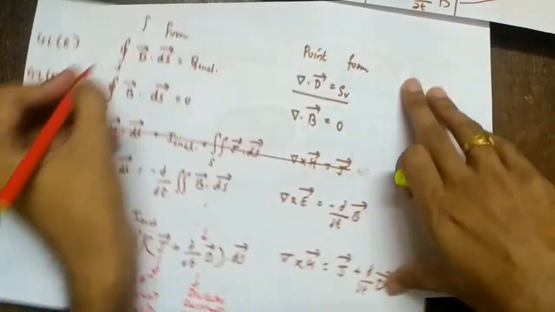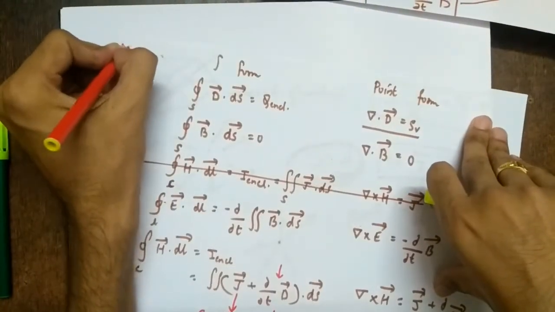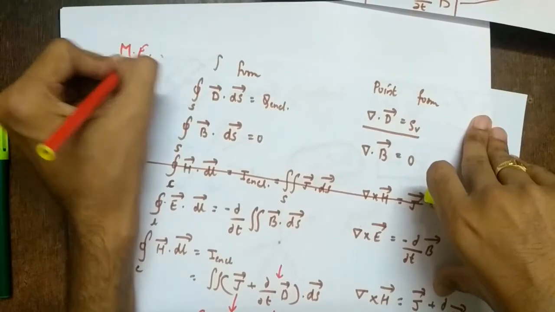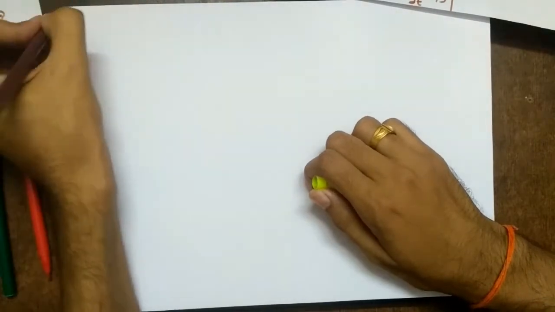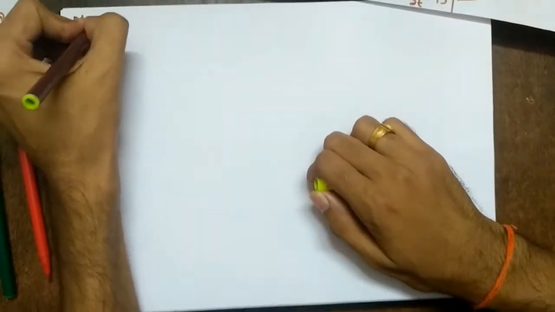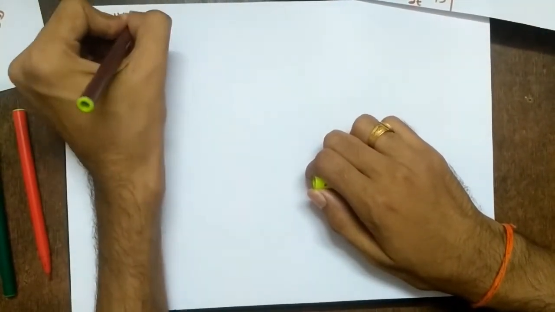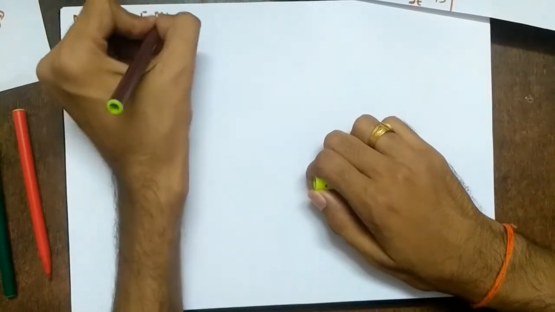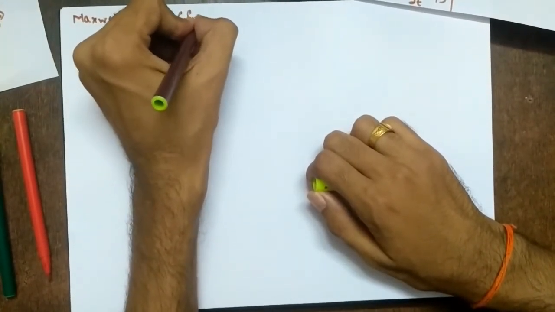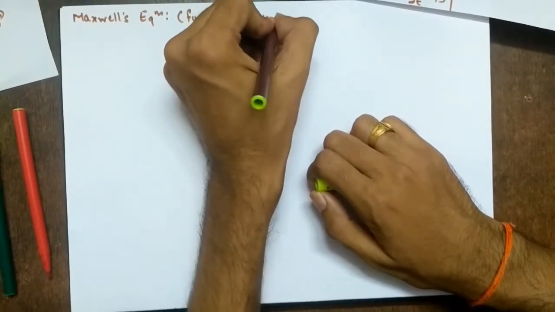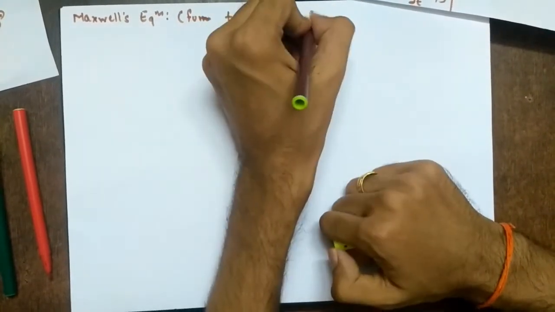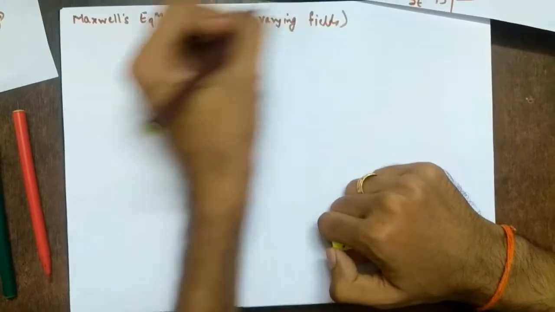And that is why these equations together are called Maxwell's equations. So for brevity, I will again write it. So we have arrived at the crux of the course, which is Maxwell's equations, and they are for time varying fields only.